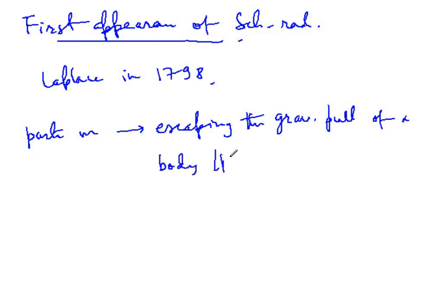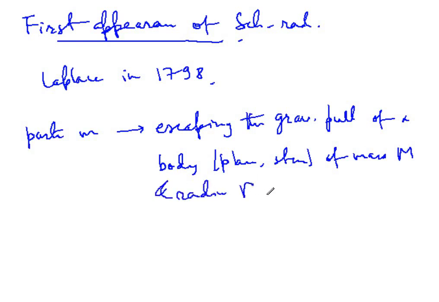Now this body could be a planet or a star, whatever, of mass capital M and radius, say, capital R. Now using the Newtonian argument, the work done to escape is how much?